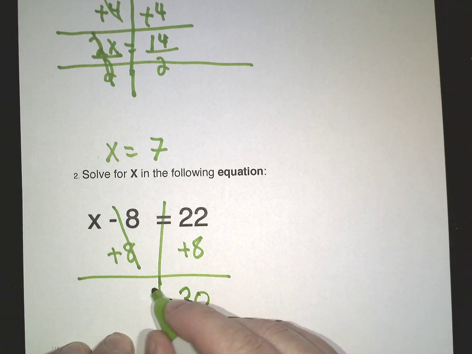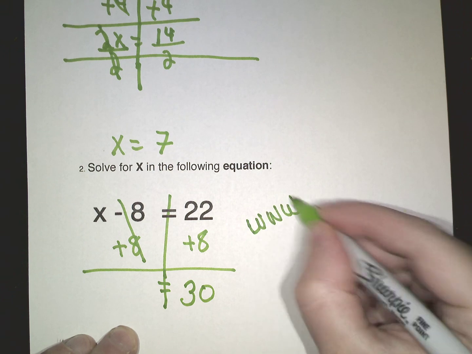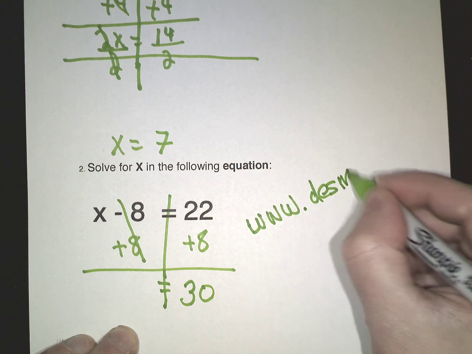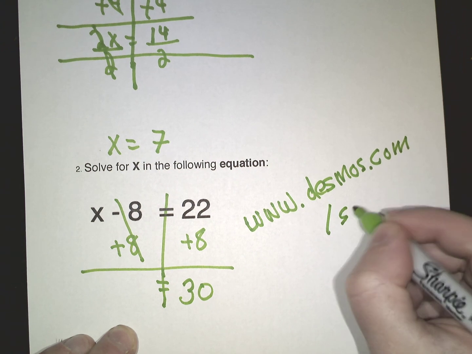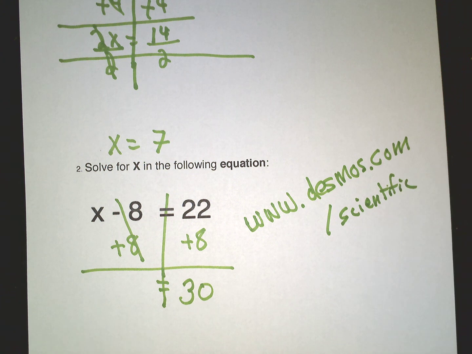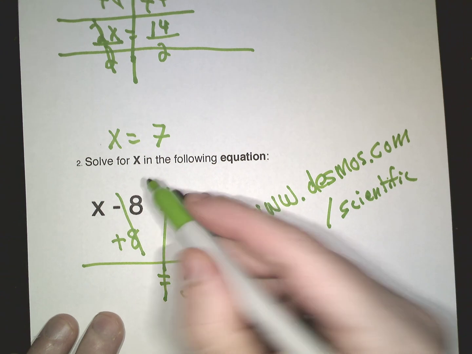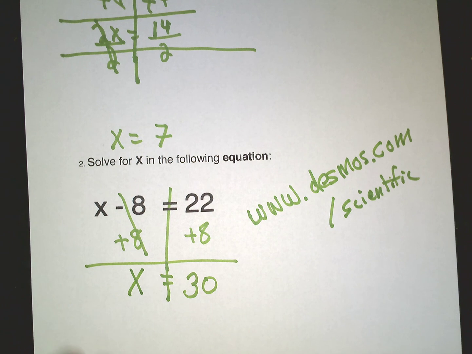Use a calculator, an online calculator: www.desmos.com/scientific. You'll see it at the top by the directions. So that becomes 0, and I can just bring down the x. x equals 30. Always get x on one side of the equals by itself.